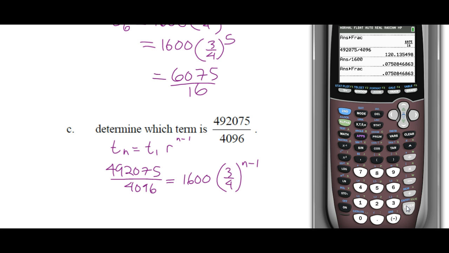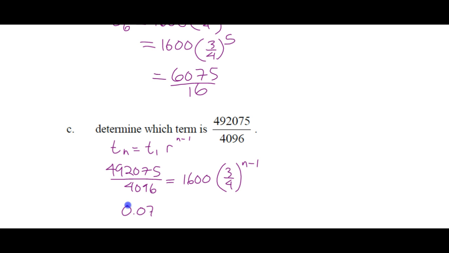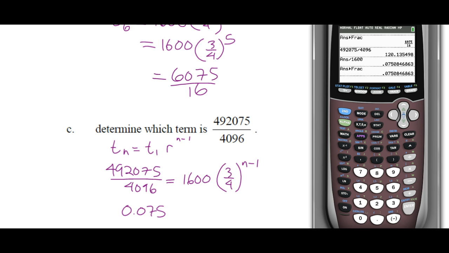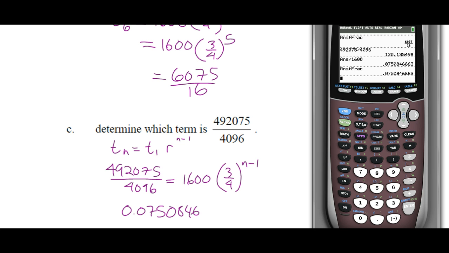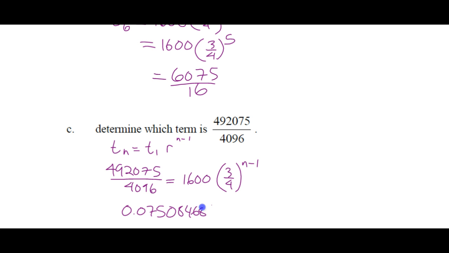Okay. 492,075 divided by 4096 times 1600. All right, what do we got? 0.075 0846. Okay, how are we going to solve that?